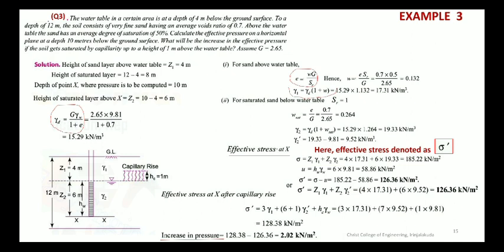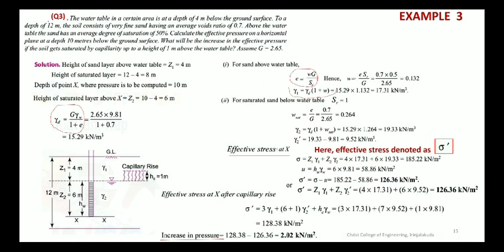Now consider the layer XX. What is the pore water pressure at that? So observe what is the height of water above that layer. It is 6 meters. Water table is at a depth of 4 meters from the top and from the layer XX it is at a distance of 6 meters. So XX layer is having water 6 meter above it, isn't it?